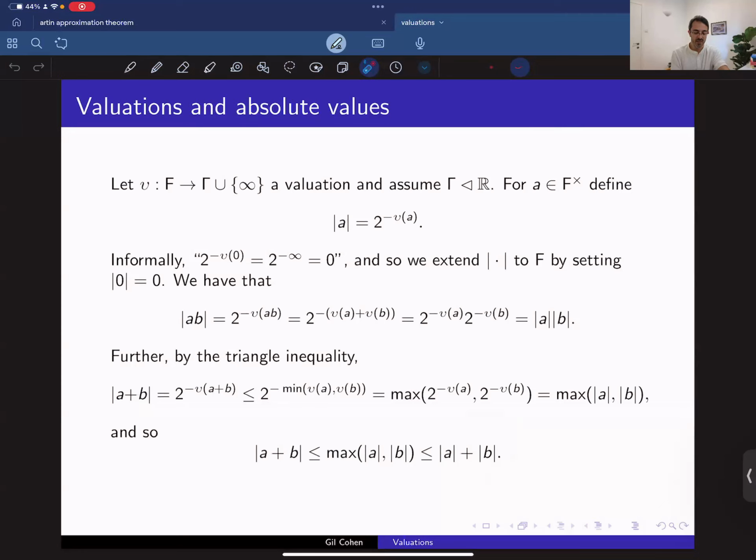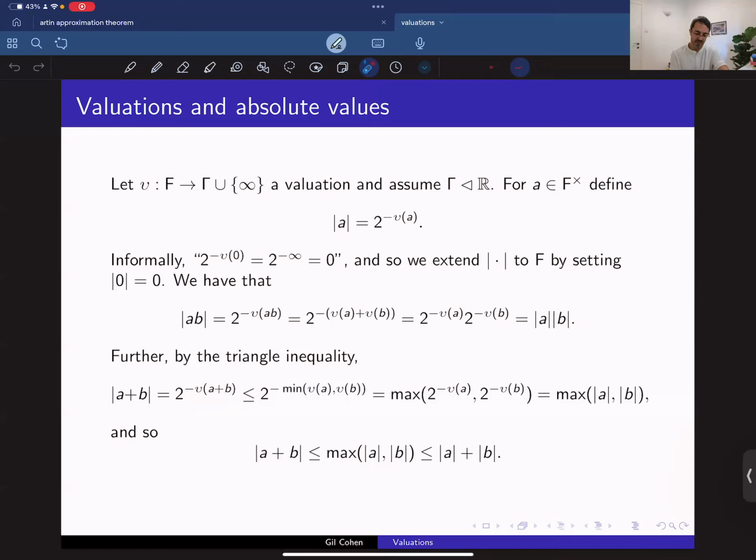The absolute value of A plus B, by definition, is 2 to the minus the valuation of their sum. And by the valuation triangle inequality, we know that the valuation of the sum is at least the minimum of the individual valuations. And because we have this 2 to the minus, this at least becomes at most when you look at that.